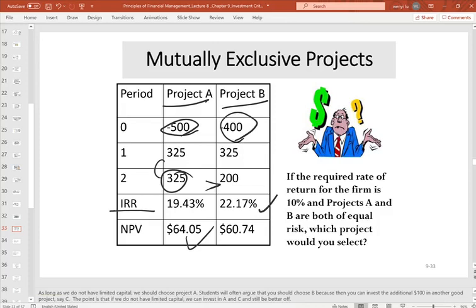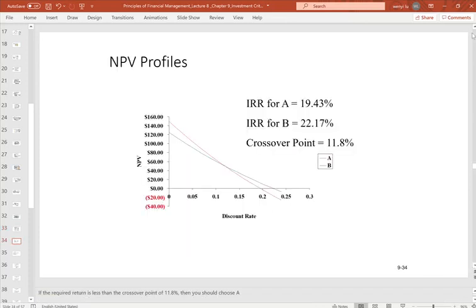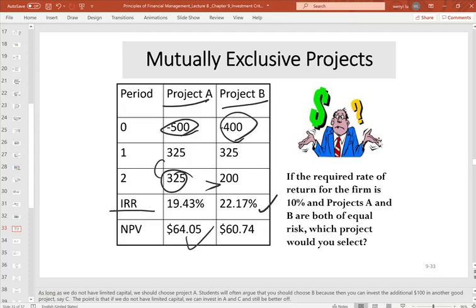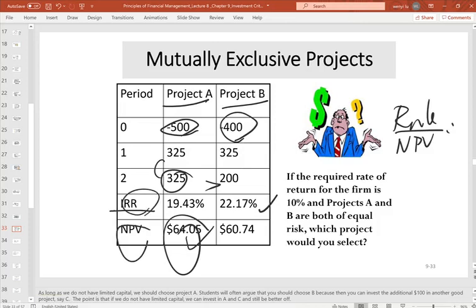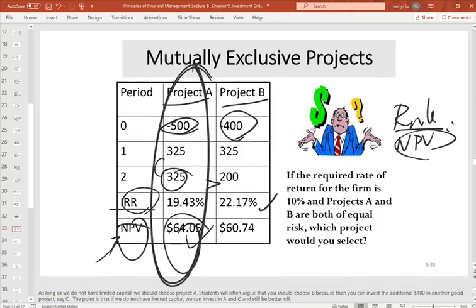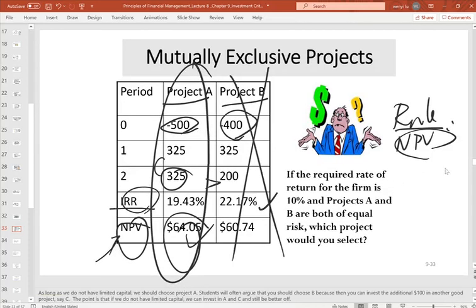So which one should you choose? If you already wrote down our rules, you should choose based on our NPV method, because we already mentioned that if these two criteria are in conflict, we will always follow the NPV method. So we will choose project A, not project B.